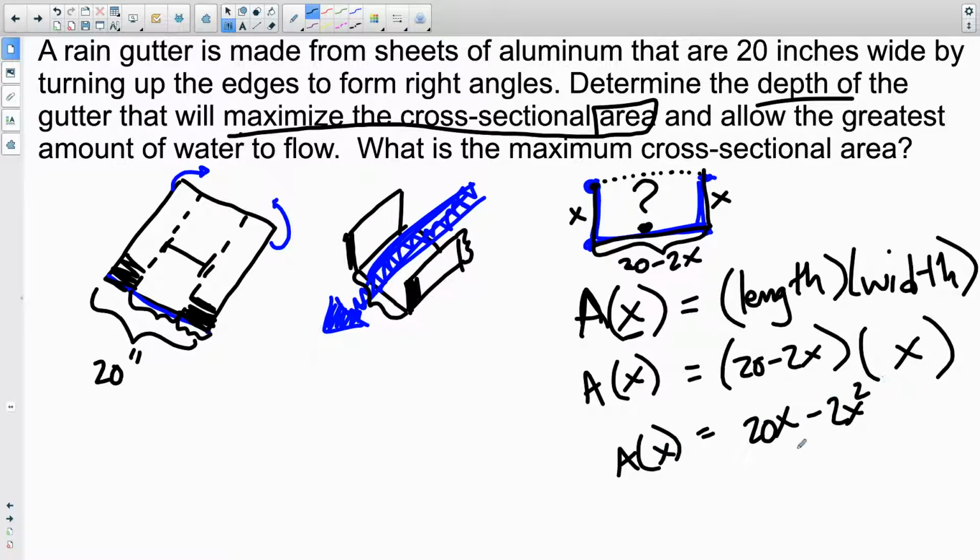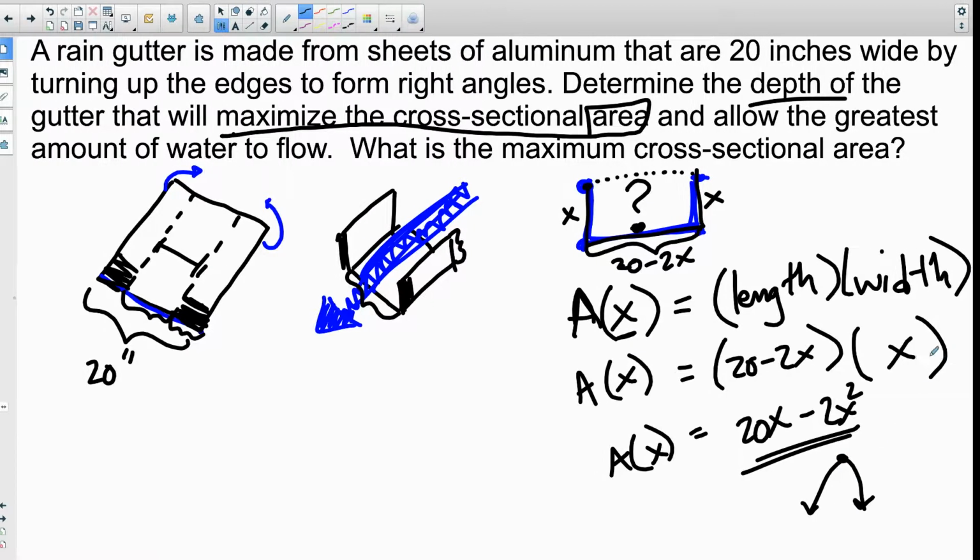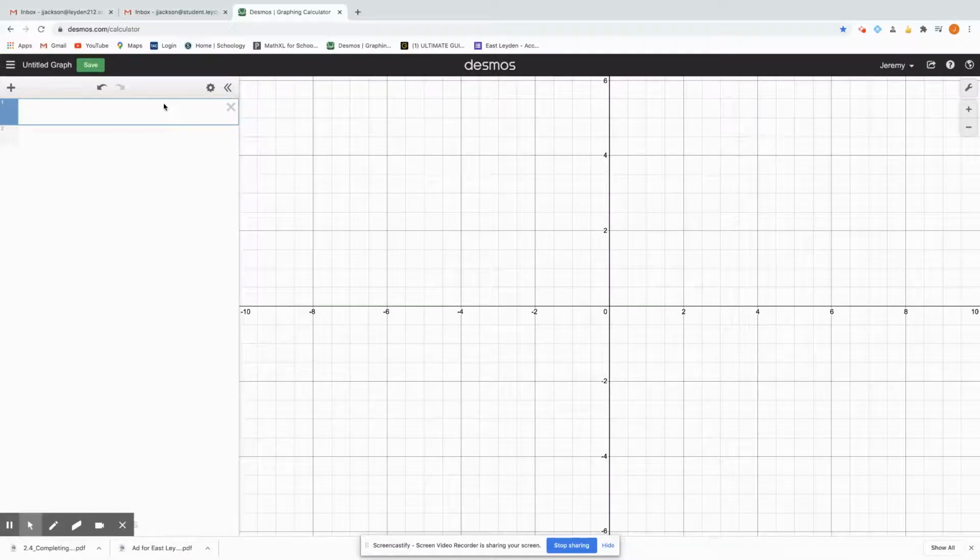And what will this be? Just by looking at this function, we realize it's quadratic, and the leading coefficient for x squared is negative. So we know that it's going to open down, and it is going to have a maximum value. So we go to our graphing utility and we type that in, 20x minus 2x squared.